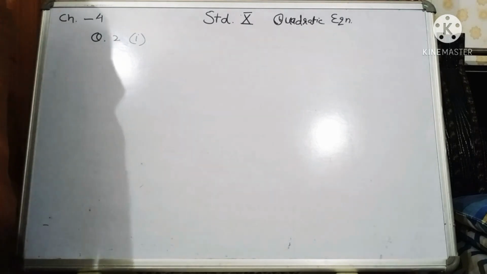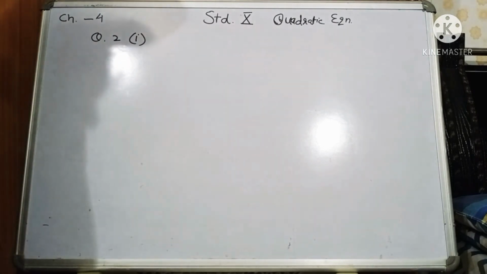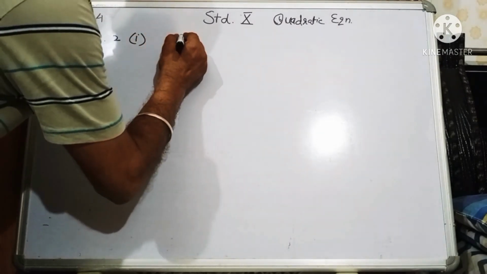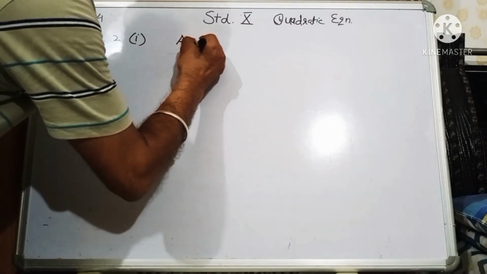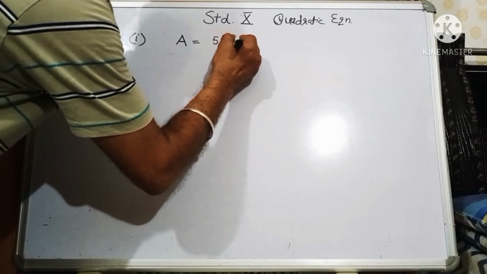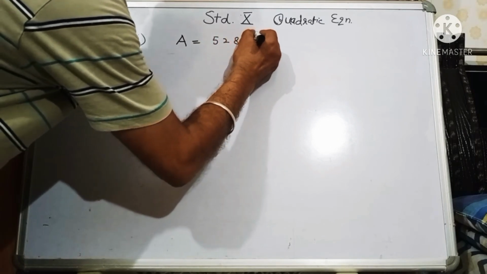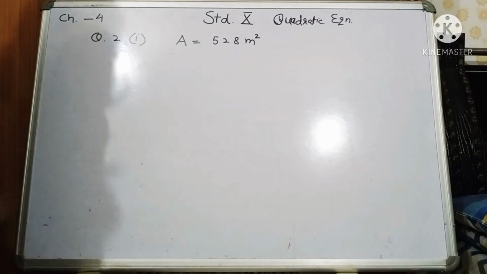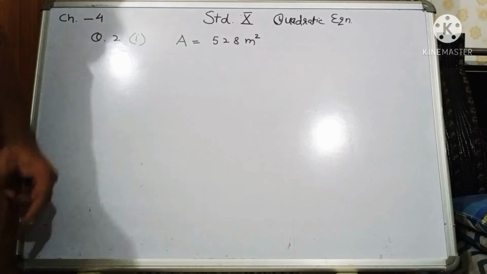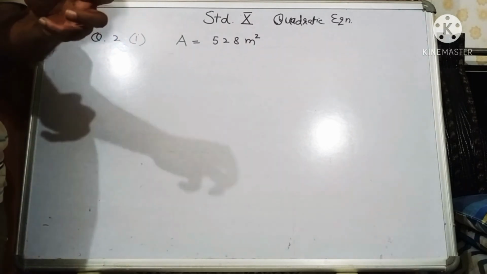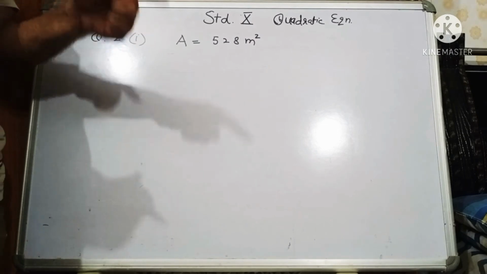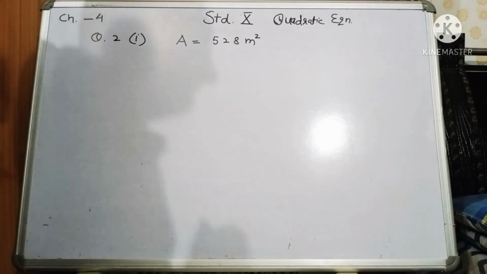Just listen. The area of a rectangular plot is 528 meters square. And the length of the plot is 1 meter more than twice its breadth. Everything is contained in this line. Length is 1 meter more than twice its breadth.